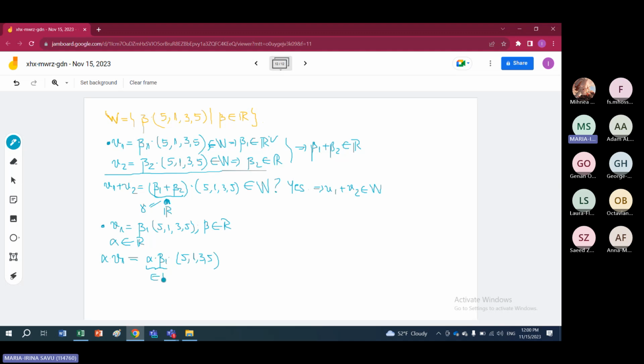So this is a real number. It could be denoted by gamma 1, gamma 2, C1, it doesn't matter. You have a real number times (5, 1, 3, 5). It is a vector from W. So alpha V1 is in W, no matter how V1 looks like, and no matter the value of alpha.